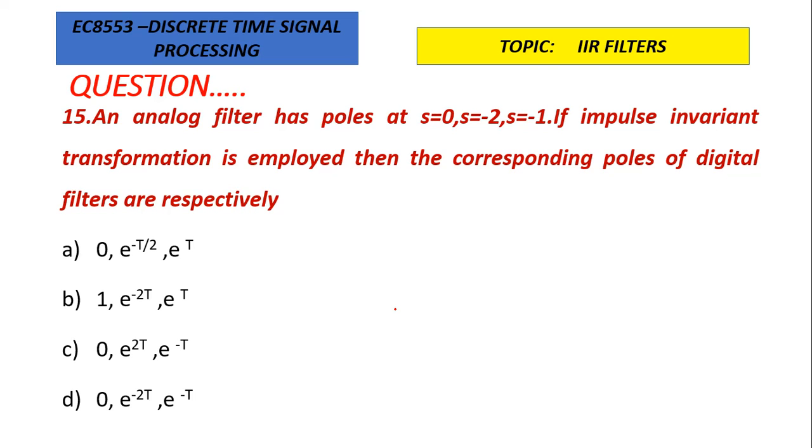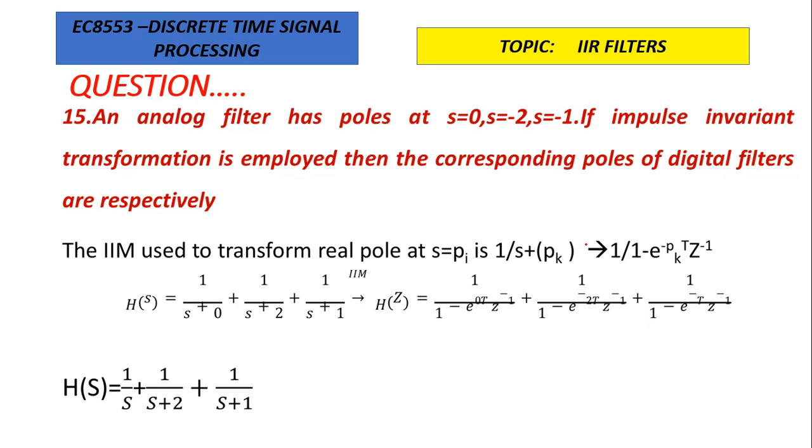So the same formula we can use here. If the form is 1 by s plus pk, it means 1 by 1 minus e power minus pk t into z power minus 1. The poles are given directly. For s plus 0, if the pole is s minus 2, the transfer function is s plus 2, and for minus 1 the transfer function is s plus 1.